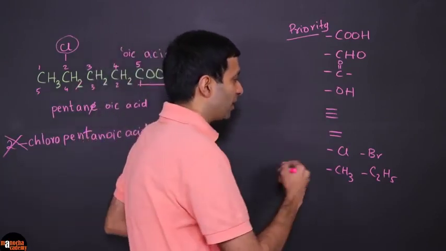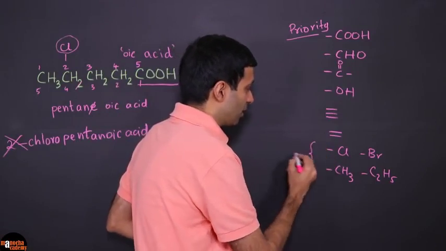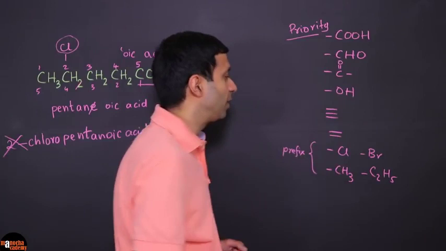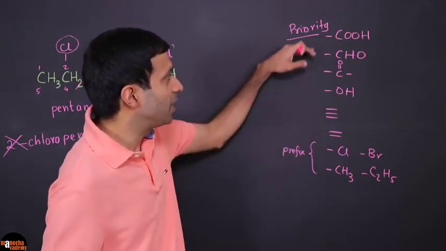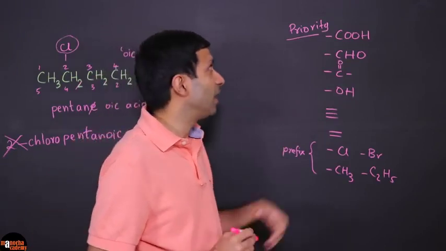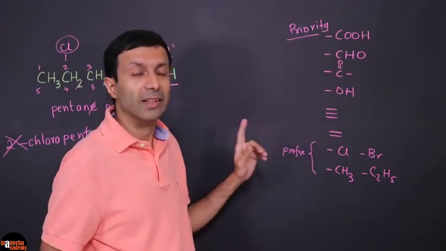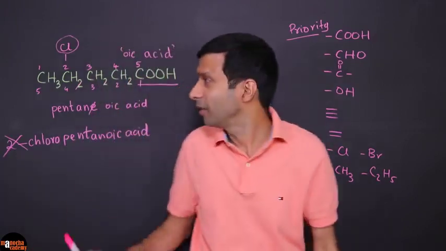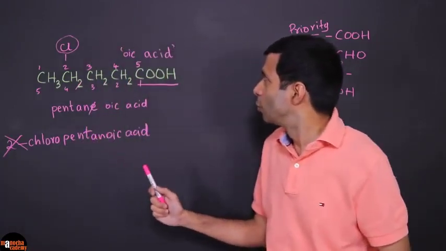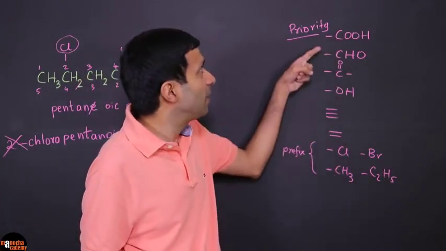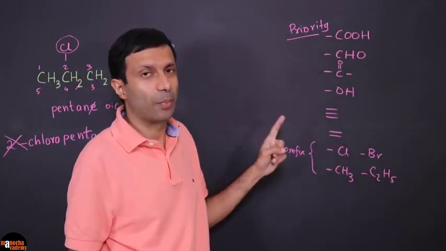And remember, these were added as prefixes in the name. So the prefixes come down in the priority list, and the ones that affect the suffix of the name are higher. So you can note down this important priority list, and the numbering will be based on that. So let's apply this for our compound here. We have acid and a halogen. According to our priority list, acid gets the top priority.